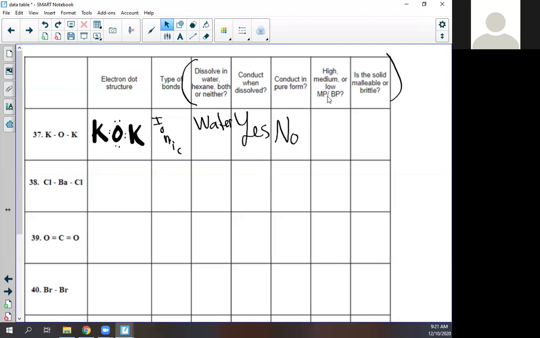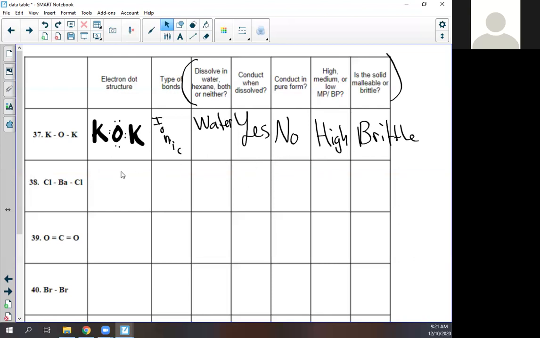No. High, medium, or low melting point? Hello. Thank you. I was saying hello in case you wondered. Oh, no, I'm dumb. Brittle, malleable, or neither? Oh, I almost wrote malleable. Good thing that little M turned into the line for the B. That was perfect. Okay, not super hard.